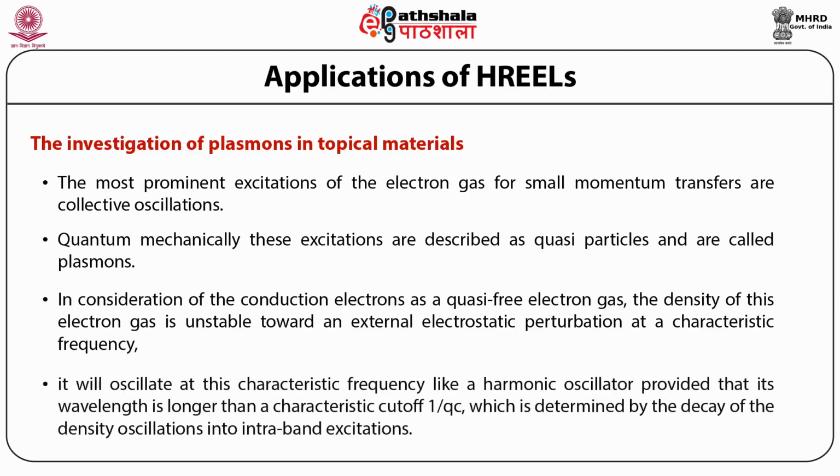It means it will oscillate at this characteristic frequency like a harmonic oscillator, provided that its wavelength is longer than a characteristic cutoff, which is determined by the decay of the density oscillations into intra-band excitations.